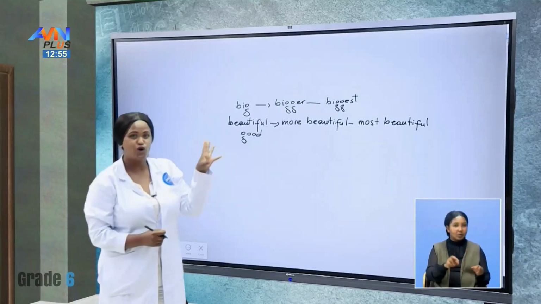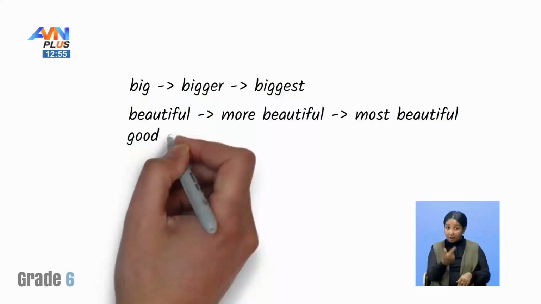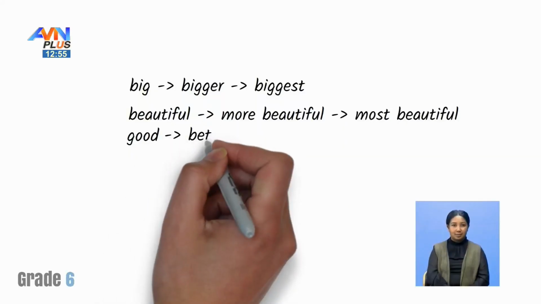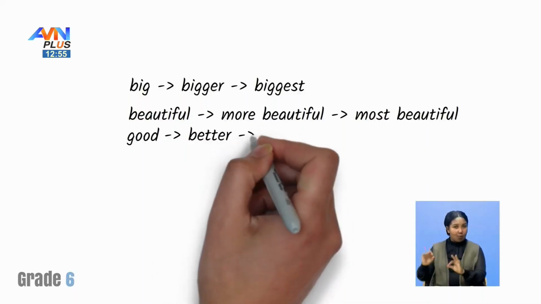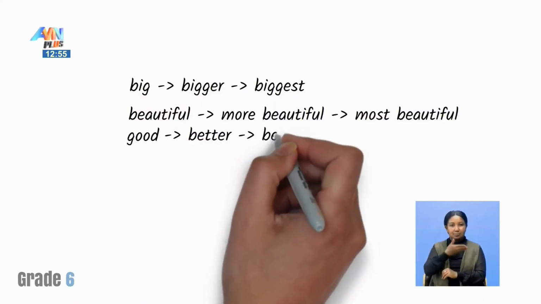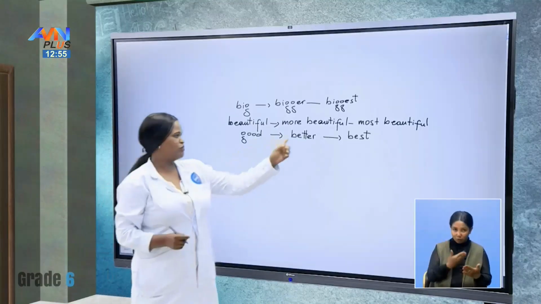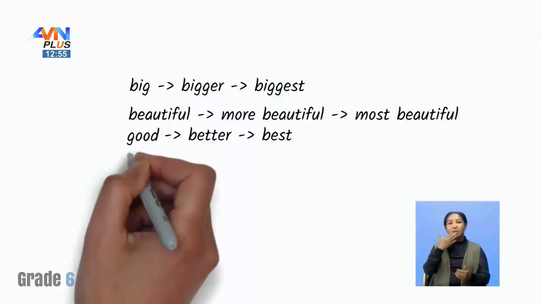Instead of gooder or more good, which is totally wrong, we say what? Better. Very good. Better. Yes, better. And its superlative form, best. Nice. Best. Now what do we say? Good, better, best. Right?